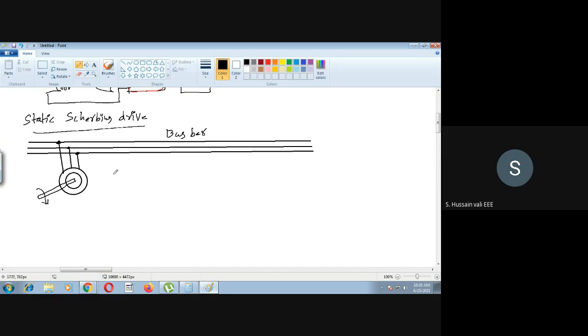I will connect a rectifier. Then you have another bridge on this side, but this is a controlled bridge.